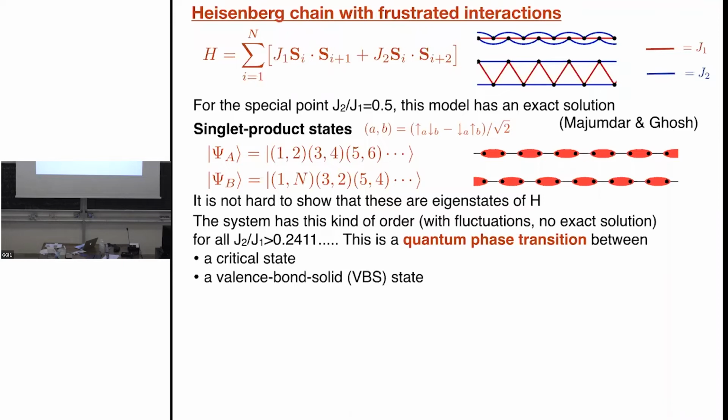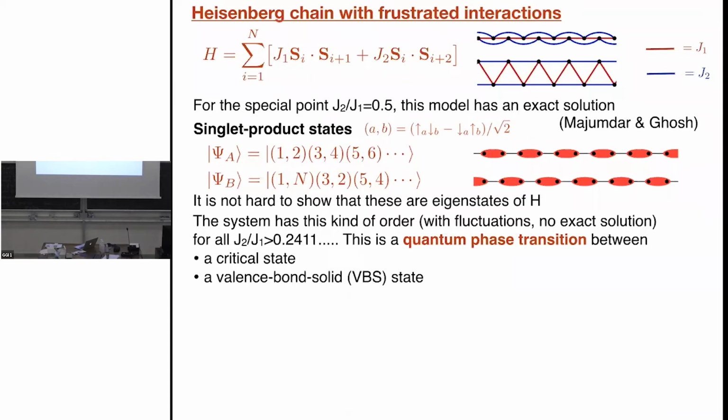So in fact, what does happen is that for the coupling ratio being larger than 0.24 and up to something like 0.6, this kind of order survives. These are no longer exact eigenstates, but that kind of dimerization will survive. So in the thermodynamic limit, the symmetry will be broken.